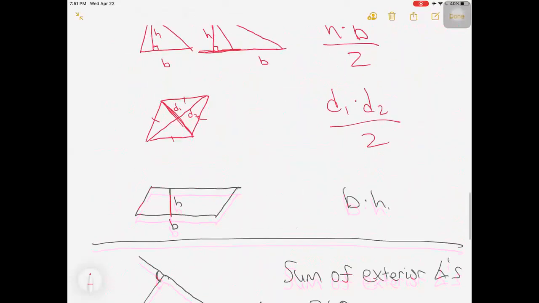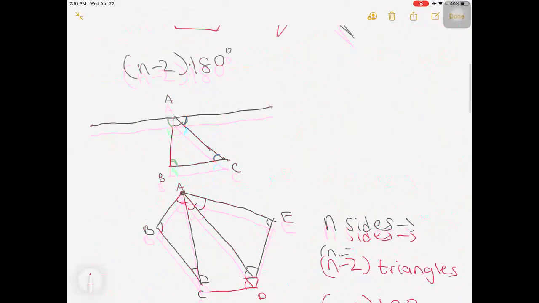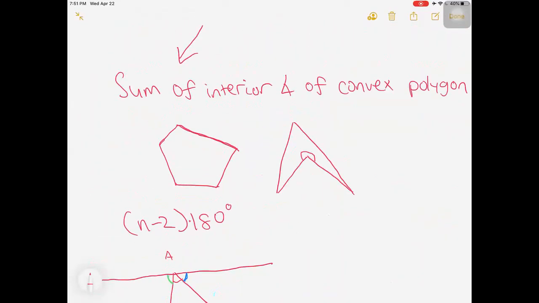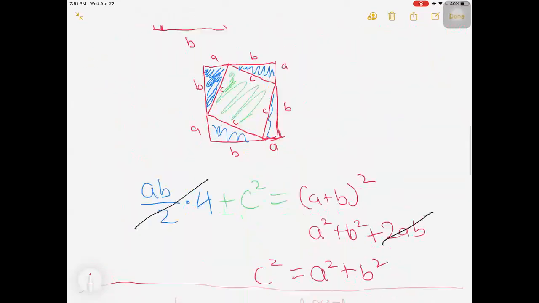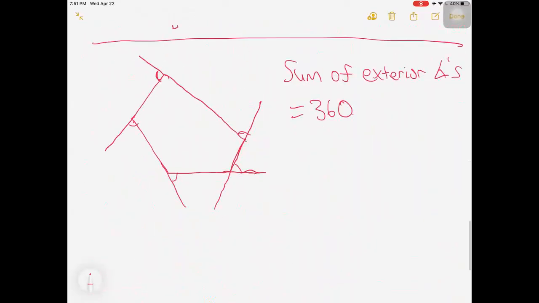The first one, we're just going to utilize the one we've used before. That's the sum of interior angles is equal to n minus 2 times 180. We've established that before.